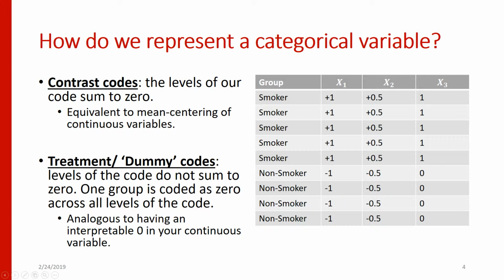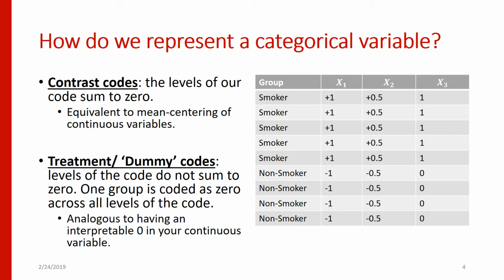Now with treatment codes, the levels of the code don't sum to 0, and one group is coded as 0 across all levels of the code. This is more analogous to having an interpretable 0 maybe in your continuous variable. So for instance, we talked about altitude having a meaningful 0 point when we use it continuously. Similarly, maybe we want to make non-smokers our reference group, and we want to understand everyone else relative to non-smokers.